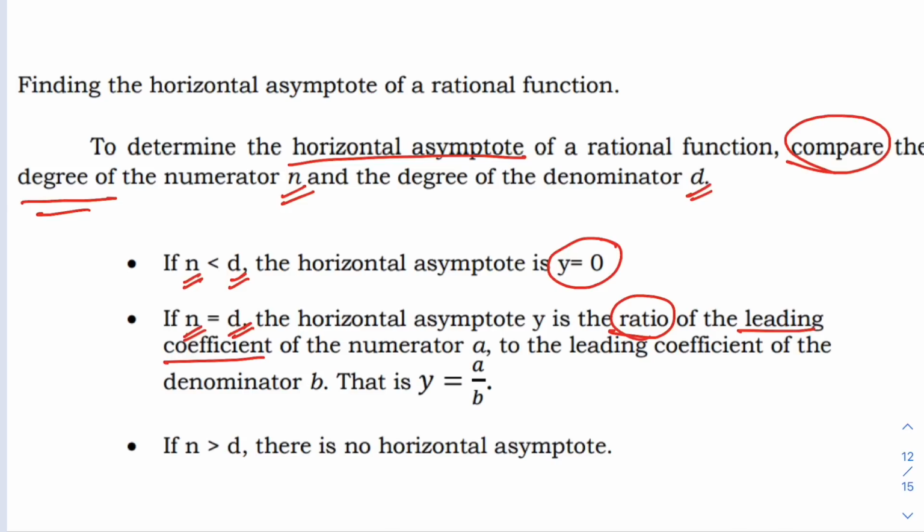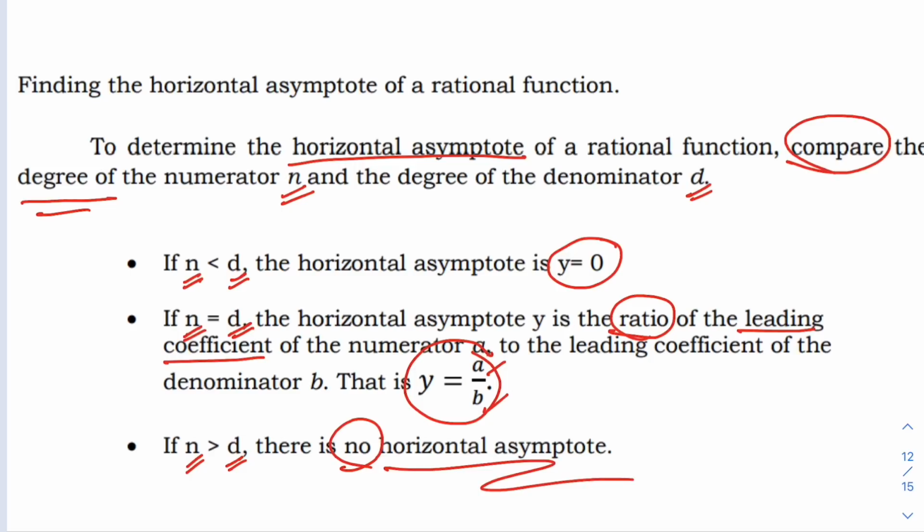Okay? So, pag sinabi nating ratio, yan yung naka-fraction. Yung a is the leading coefficient ng ating numerator, then yung b naman is the leading coefficient ng ating denominator. Next, yung pangatlong rules natin dito, if the degree of the numerator is greater than the degree of the denominator, there is no horizontal asymptote.